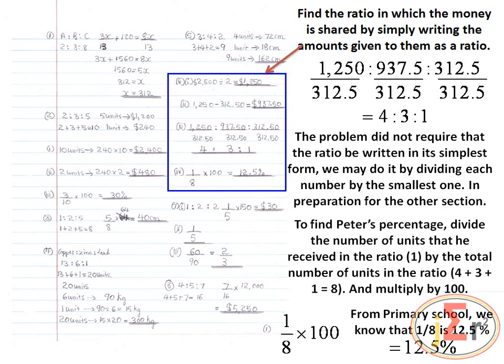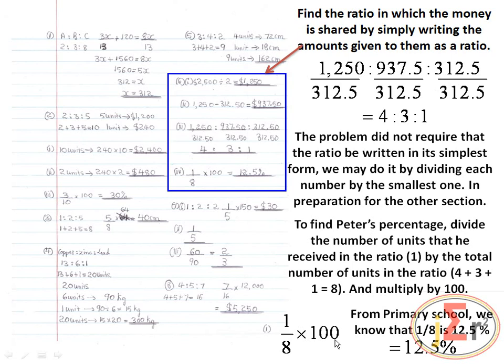And that is much easier done by using the numbers that we have in the ratio rather than actually taking Peter's share, then dividing it by the total, which turns out to be 2,500. So we would have to place this $312.50 over 2,500, and then we multiply by 100.